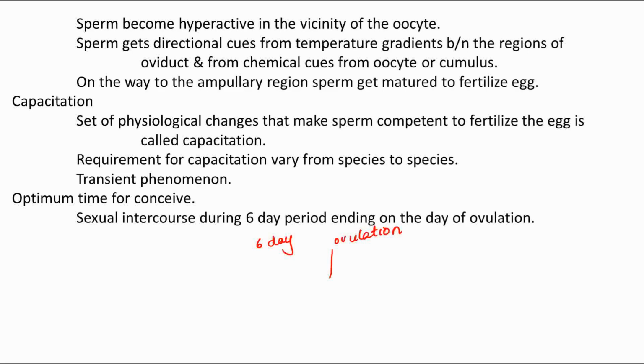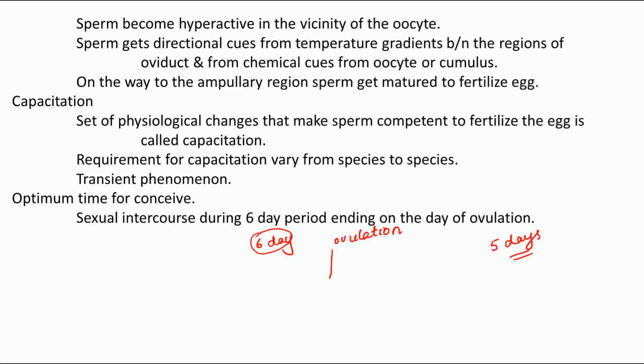What is the reason for considering six days? The reason is that whenever sperm is released into the female reproductive tract, it can survive in the reproductive tract for 5 days. It is the survival period of a sperm inside the female reproductive tract.